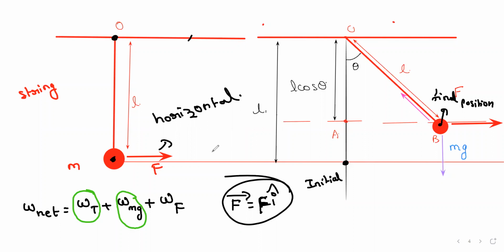From this line to this line, L. So from here to here it's L. What is from here to here, this line to this line? L minus L cos theta, sir. So this is L minus L cos theta. That's it. Thank you, sir.